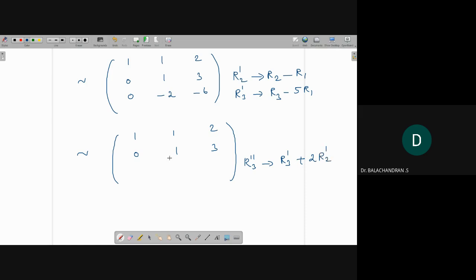If you use this transformation, then this row is 0, 0, 0. Is it correct? So the number of non-zero rows is only 2, which is strictly less than the number of given vectors.